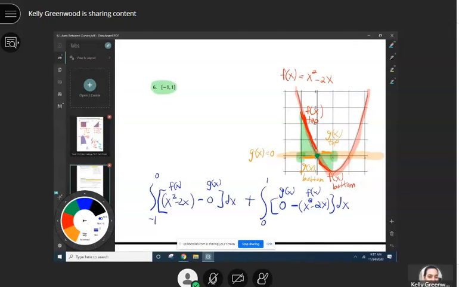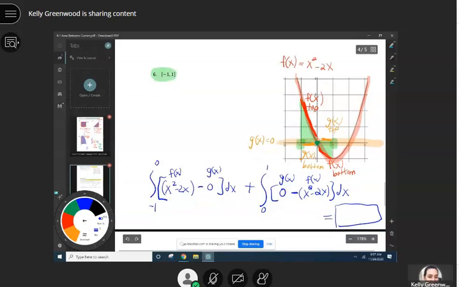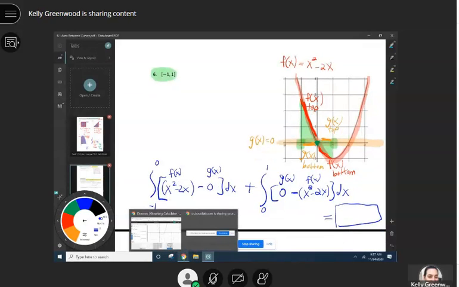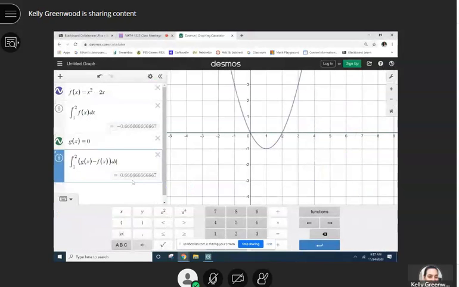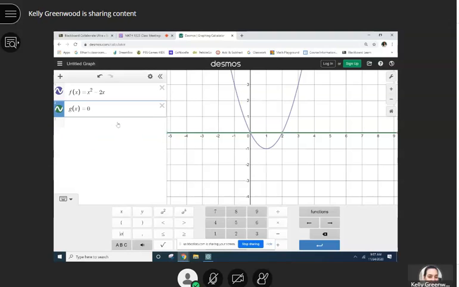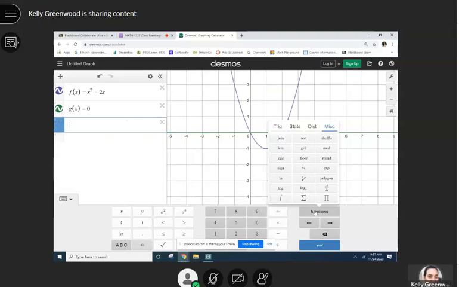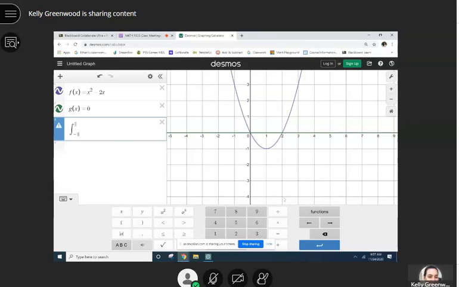So I'd have to see this written out for you to get full credit, and then just whatever it equals on Desmos. So I don't know, let's go type that in, see what that equals. Okay, f of x, g of x. Oh, I already have those entered. Oh, yay. So I just need to do the integral from -1 to 0, where f of x is on top.